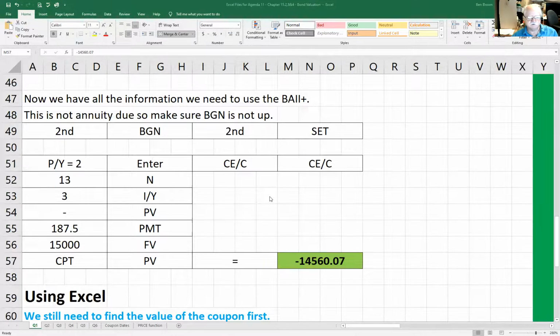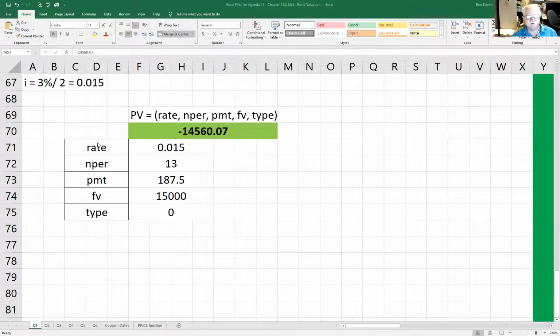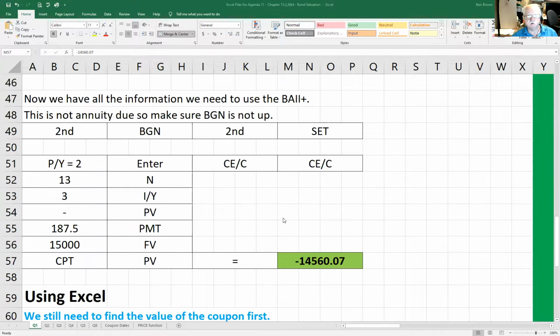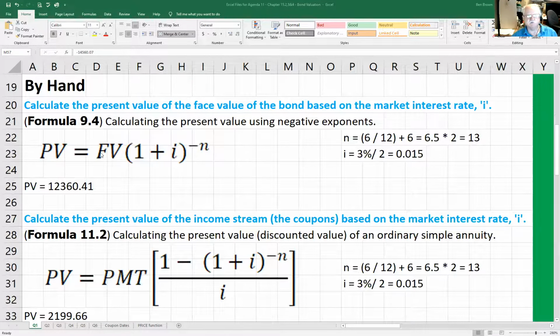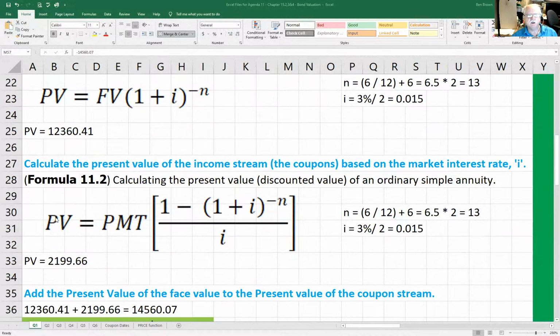And same with Excel. We can put the payment and the future value in there. Whereas when we're doing it by hand, we have to calculate the present value of the bond and the present value of the coupon. We have to do them separately. We don't have a formula for doing them together.